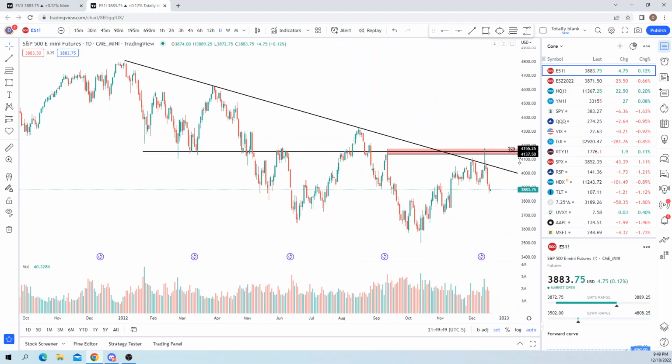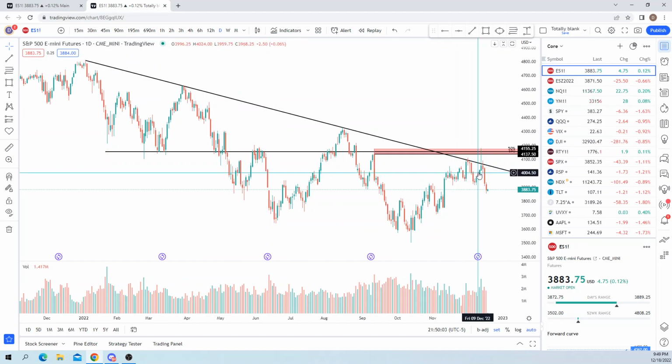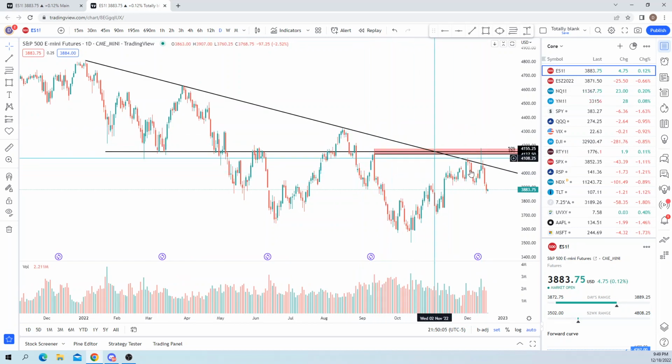So one of the things that I told you guys in 3 different weekly analysis videos prior to this trade triggering is the fact that I am looking for a nice rally above this trend line, which will trap bulls, okay?